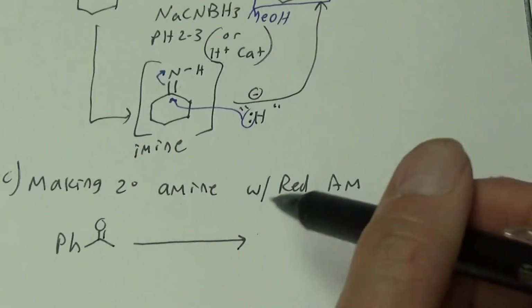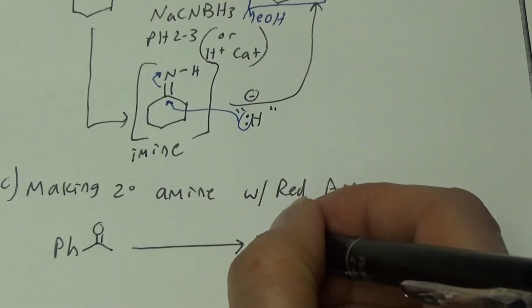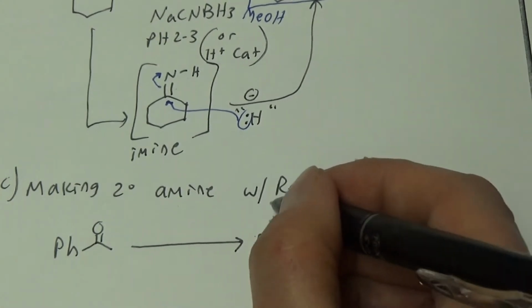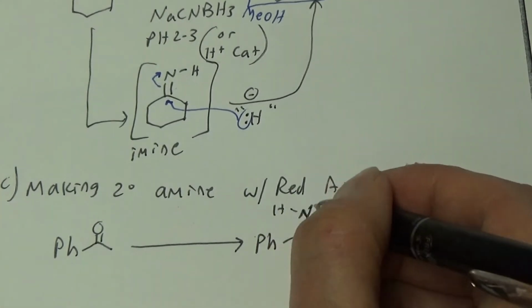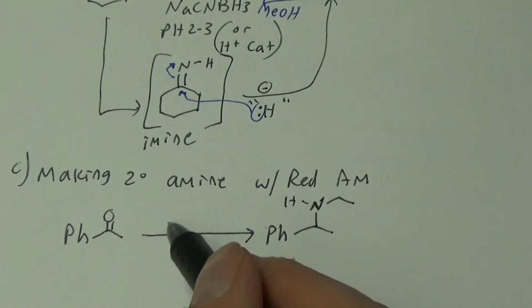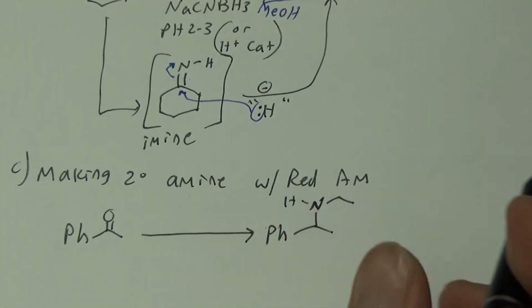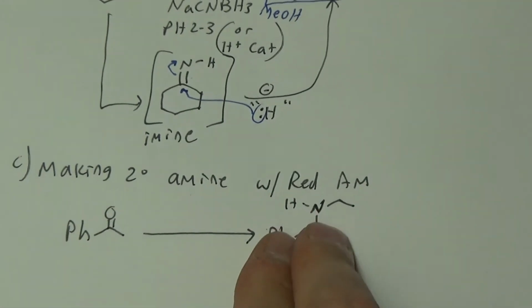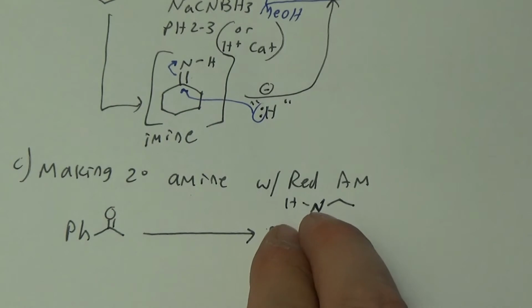When we make a secondary amine, what kind of amine are we going to use now? Of course, the structure of the amine will just be that. Is that a primary amine, secondary amine, or a tertiary amine?